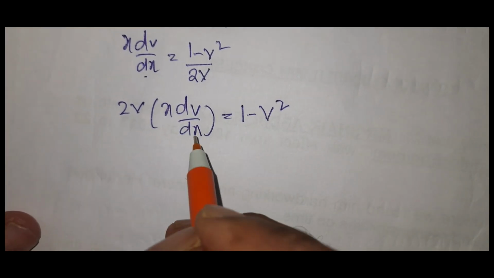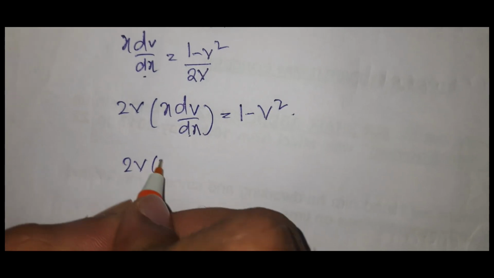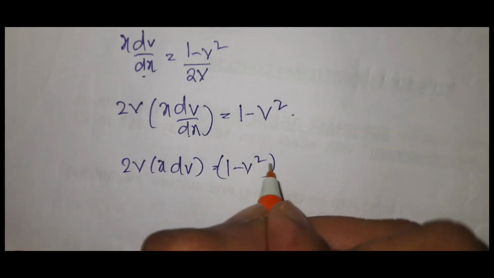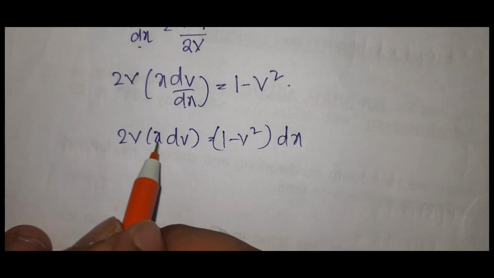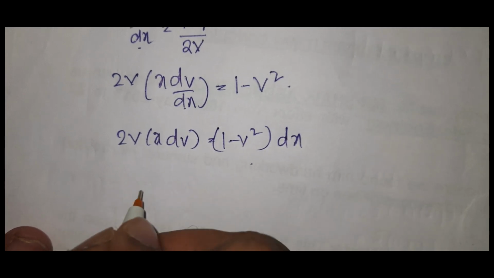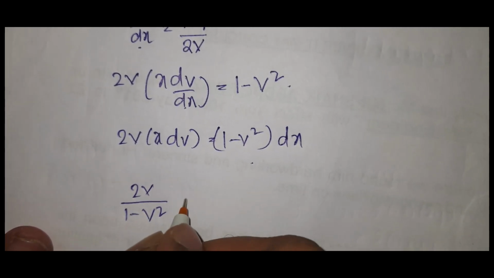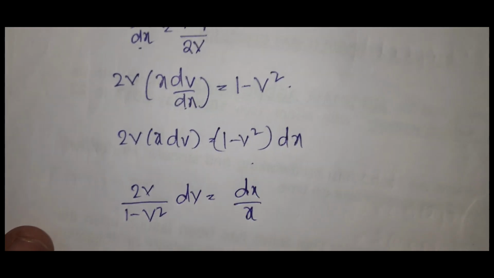And now sending this dx here, 2v x dv is equal to 1 minus v square dx. Now again we are sending this x here and 1 minus v square here. So what we get, 2v by 1 minus v square dv is equal to dx by x.